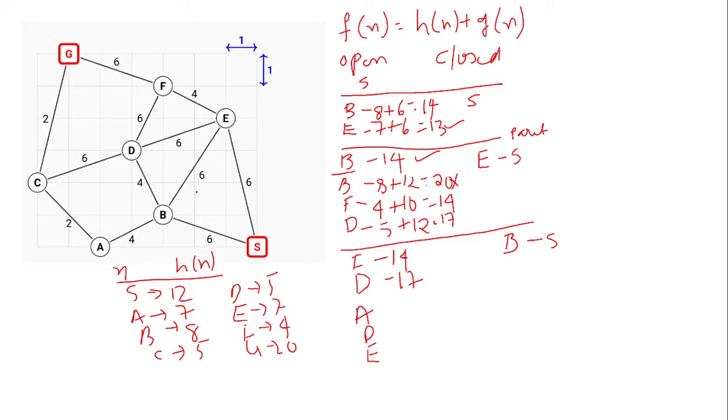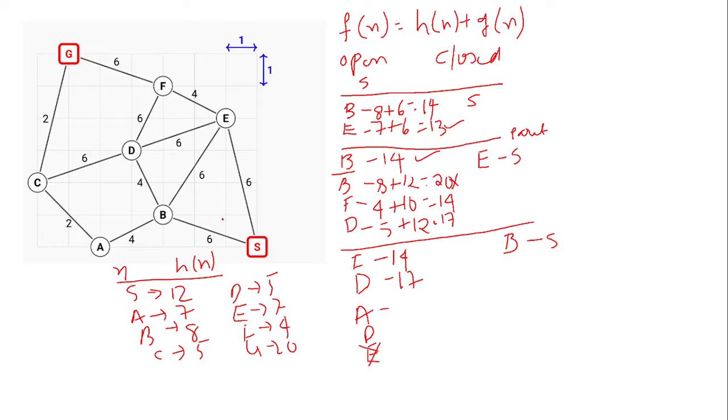S to B is 6, and 6 plus 6, 12, 12 plus E's 7, 12 plus 7, 19. So we are not considering this E because E is already moved to the closed list with the lesser value. If we get a lesser value, then we bring that E back to the open list. Now this value is higher, so I remove it.